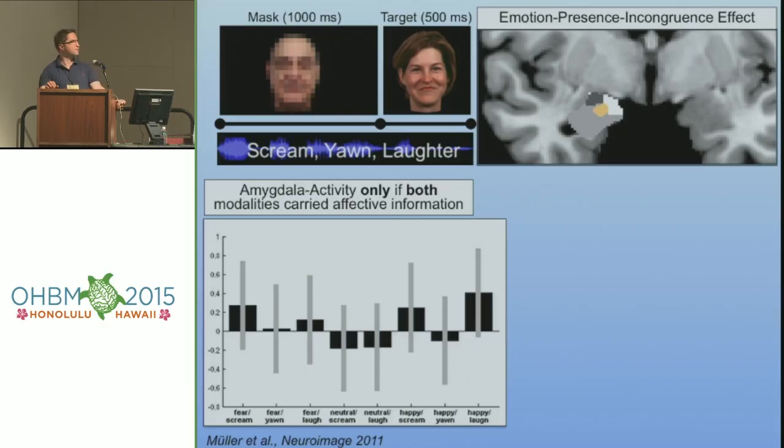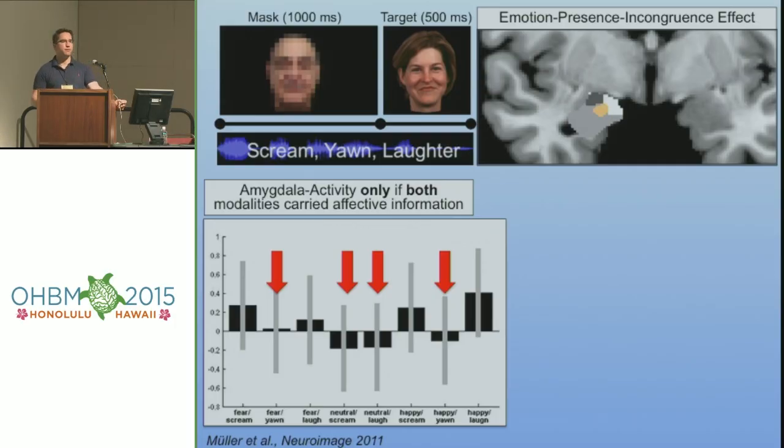Because the interesting thing is that amygdala activation is only present if both modalities, the visual and the auditory, carry affective information. And it's not relevant whether they have the same valence, but it's important that both are affective. In turn, if you have a neutral stimulus, either a yawn or a neutral-looking face in one condition, then you don't get an activation on that spot of the amygdala.